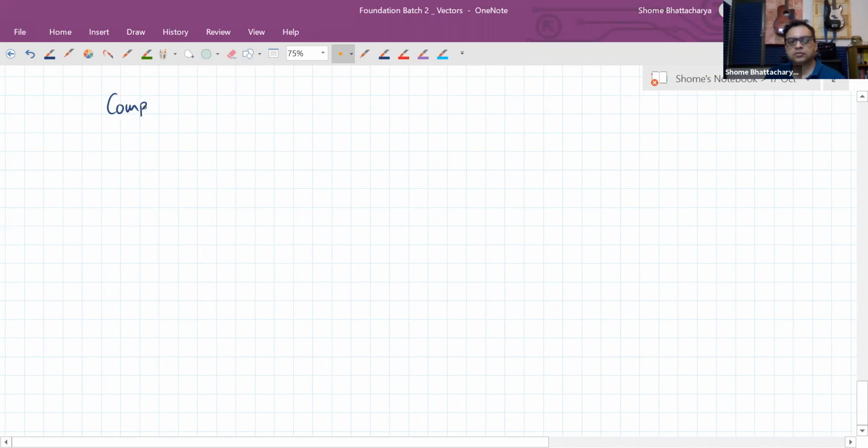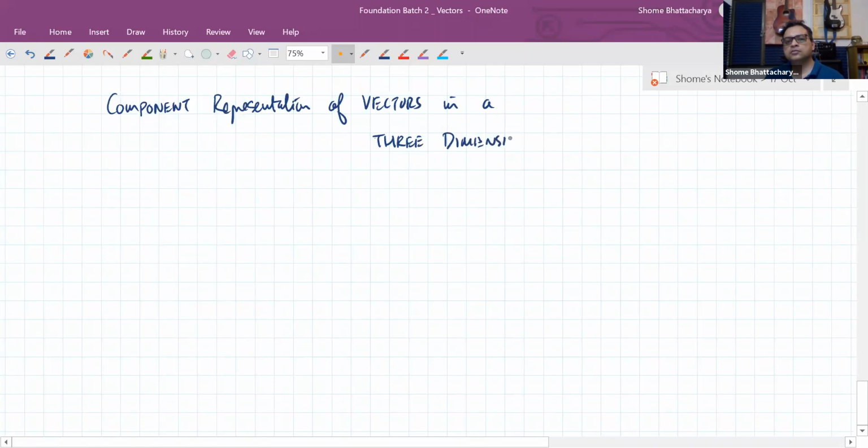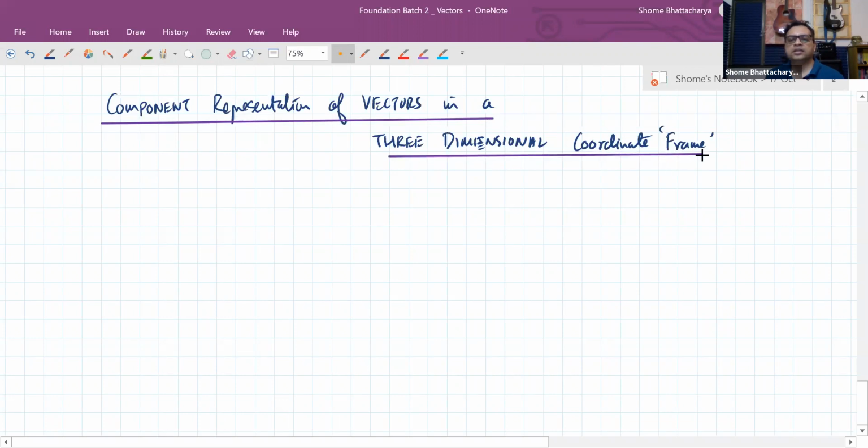So, component representation of vectors in a three-dimensional coordinate frame or coordinate system, or system of axes, and henceforth we will just call this a 3D system.